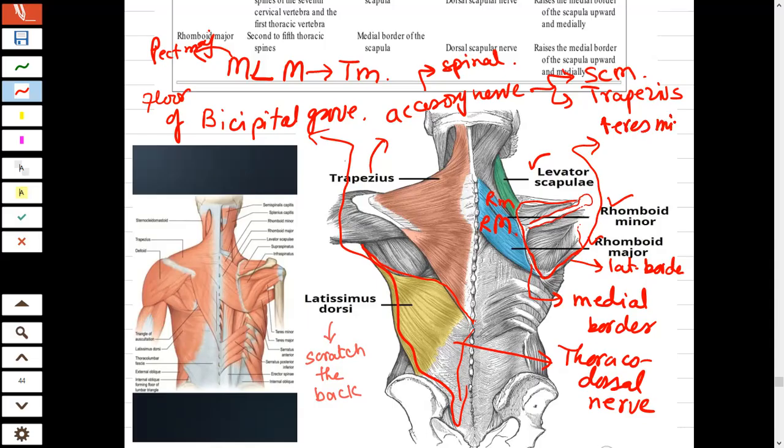Teres minor muscle and teres major muscle. They are fibers originating from the lateral border of your scapula bone. And see here, this is your supraspinatus muscle. This will be your infraspinatus muscle.